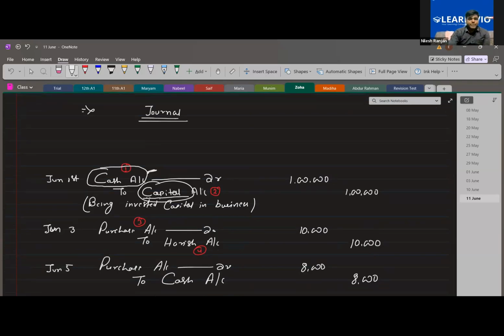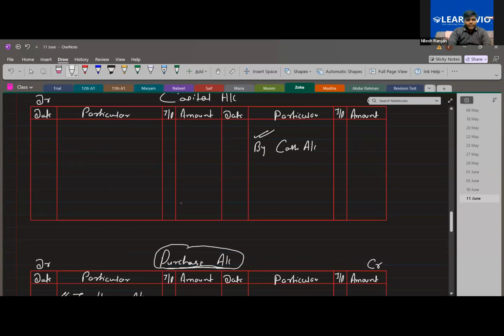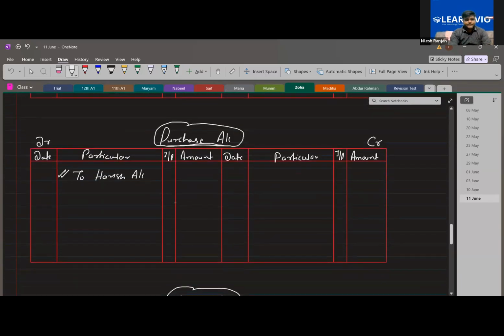Now, the next transaction: purchase account debit to cash. So it's on the debit side, so in purchase account, on the debit side, it will be to cash.